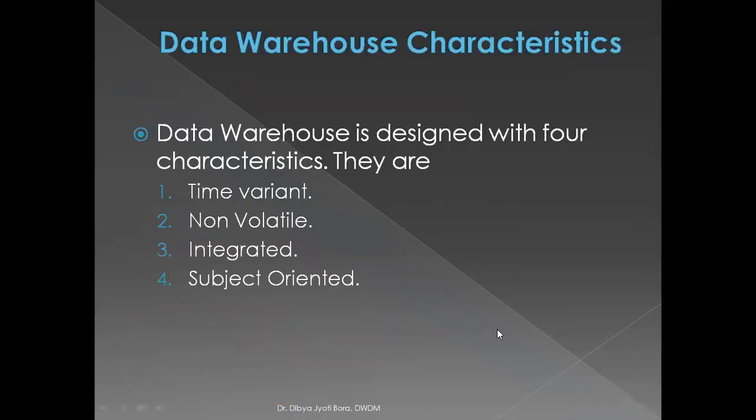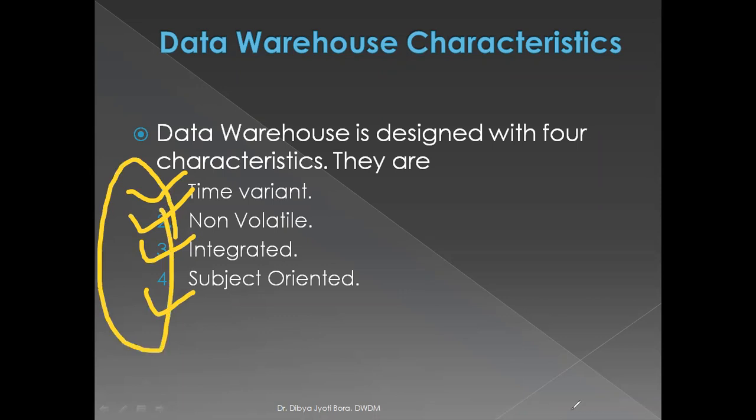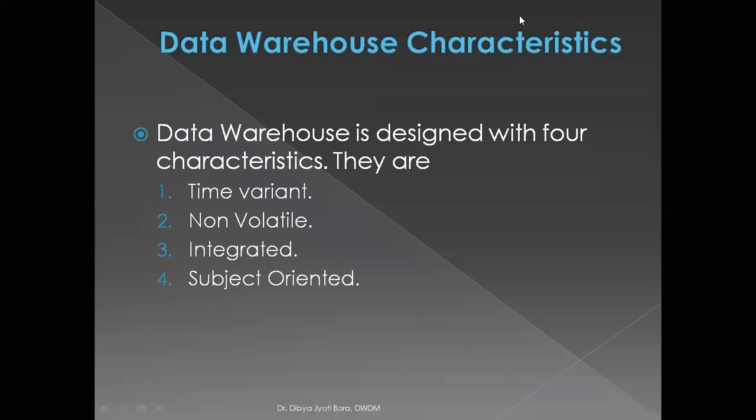So, as I have said, we'll go through these properties in detail one by one: time variant, non-volatile, integrated, subject-oriented. And these properties actually give you the answer to the question of how a database differs from a data warehouse, or whether the database and data warehouse are similar or not.